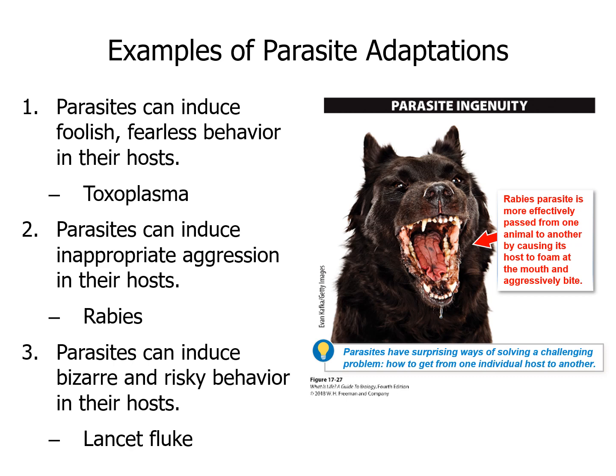The first host is going to be a rat. And what it does is it alters the behavior of the rat to, instead of its natural behavior of being afraid of cats, actually make the rat attracted to cats. It turns off its fear and makes it want to go right up to a cat.